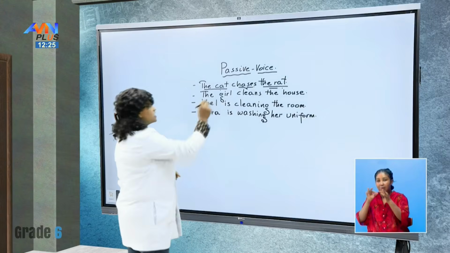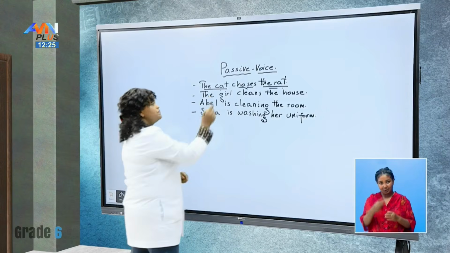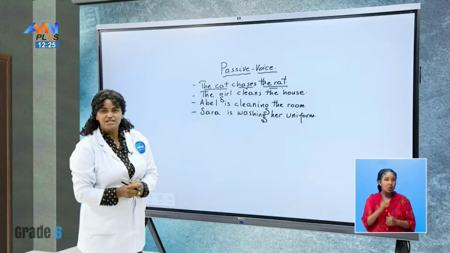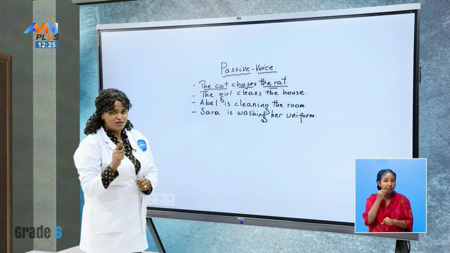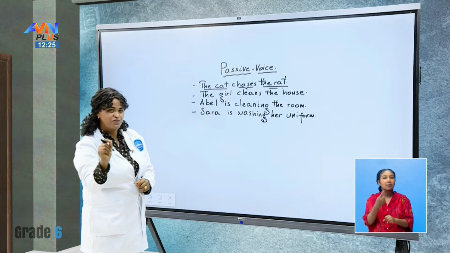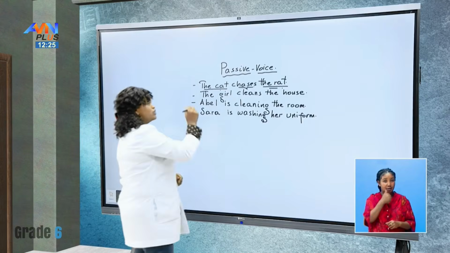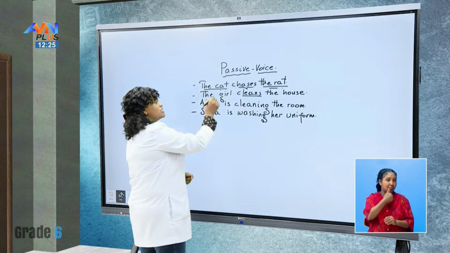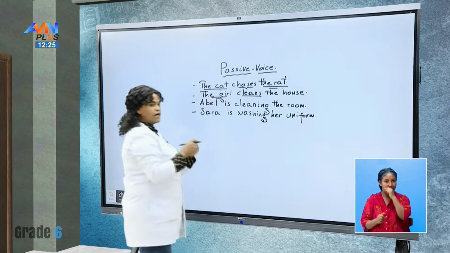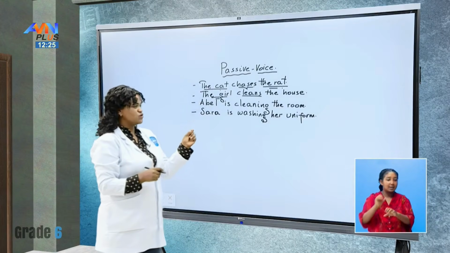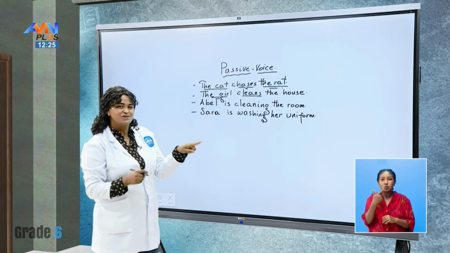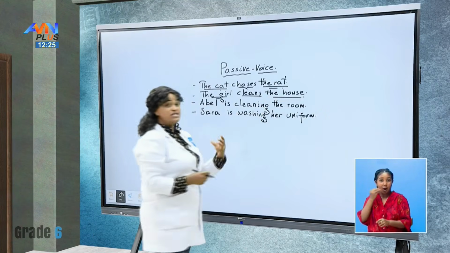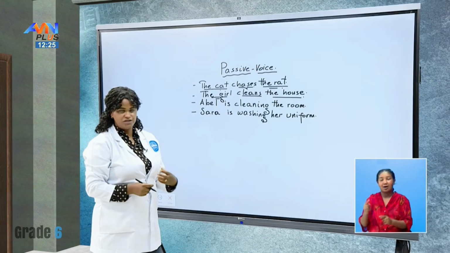Good. Let's see the second sentence. The girl cleans the house. Who cleans the house? The girl, which means the action clean is performed by our subject, the girl. Who is being cleaned? It is the house. So the house is the receiver of the action. Good.